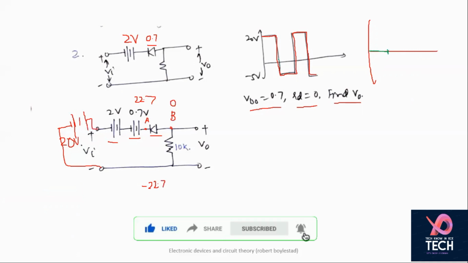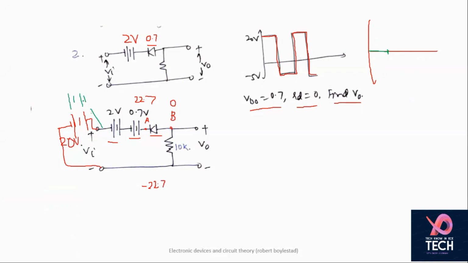Now, when this input moves from positive cycle to negative cycle, here you can see this is now minus 5 volt. So now this entire thing remains same. The only thing that changes is that now we are having minus 5 volts.